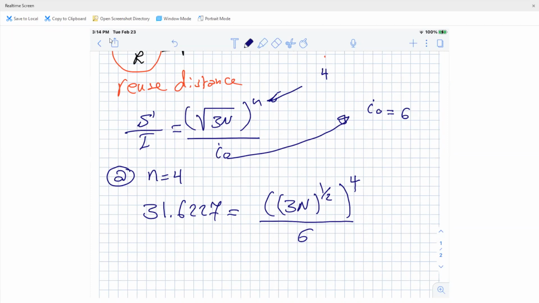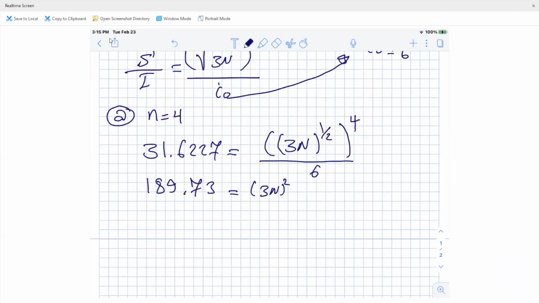No response. Okay. Now, what we are going to do now is multiply 31.622 by 6. So it will be 189.73 equals, look, raise to power 1 over 2 multiplied by 4, so it will be 3n all squared.